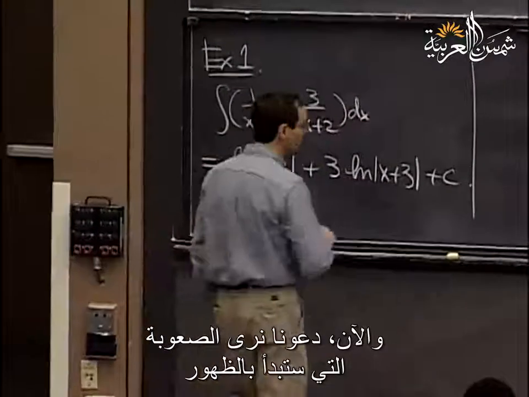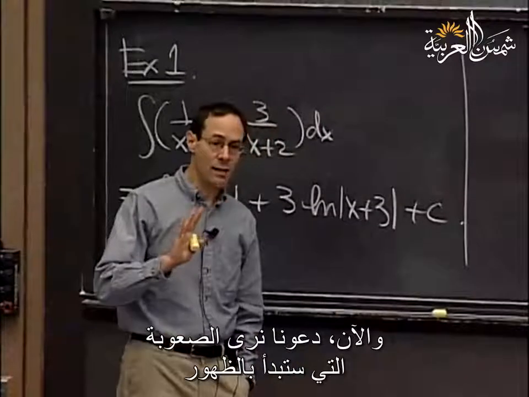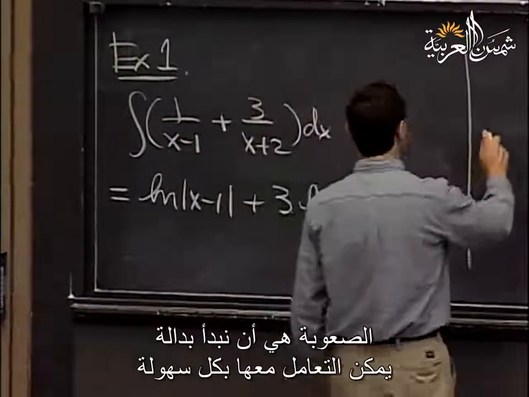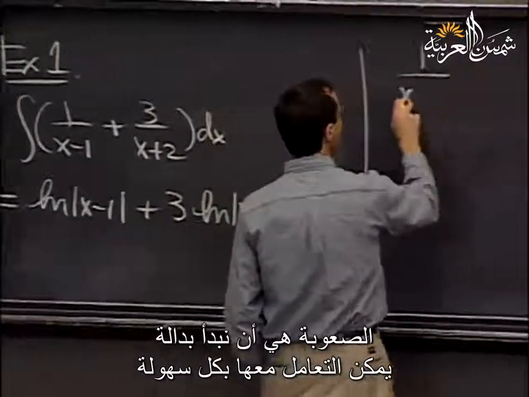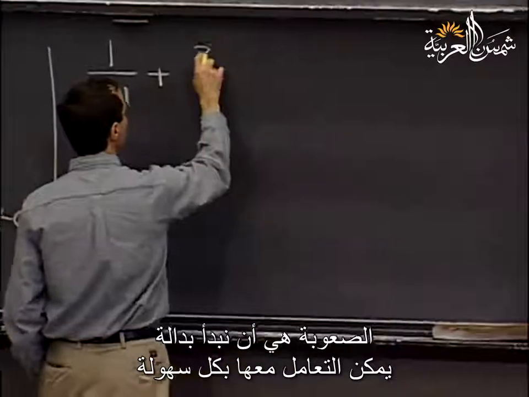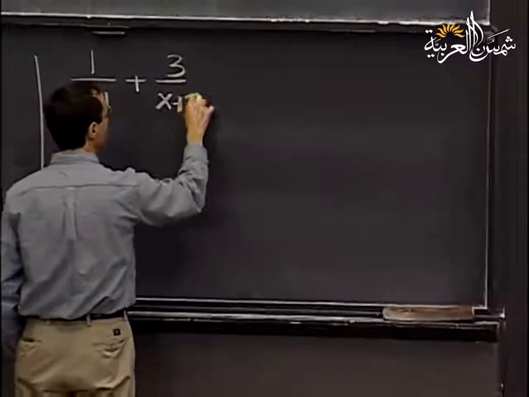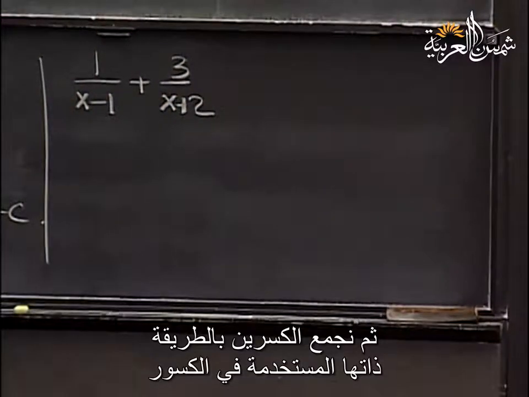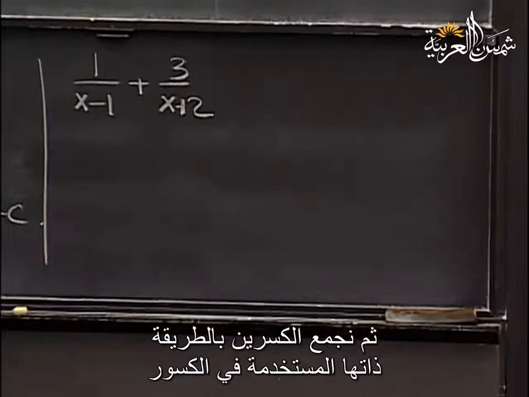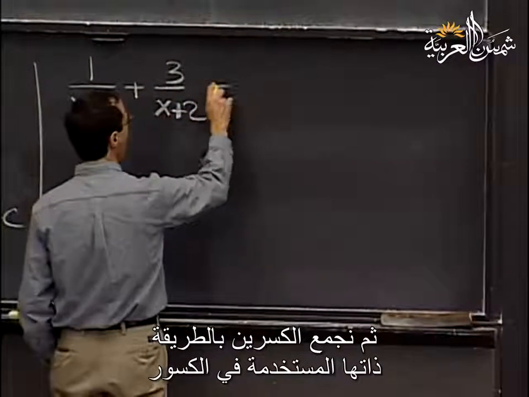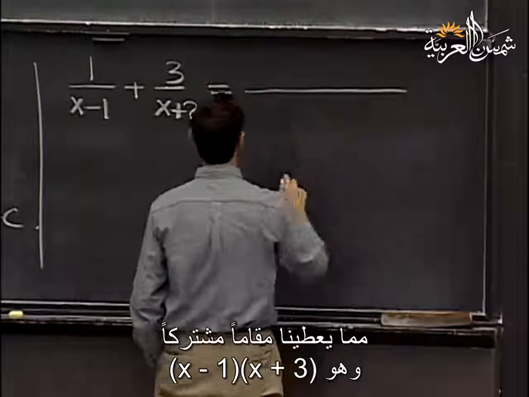So now here's the difficulty that is going to arise. The difficulty is that I can start with this function, which is perfectly manageable, and then I can add these two functions together the way I add fractions. So that's getting a common denominator.